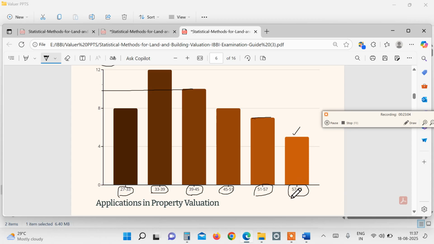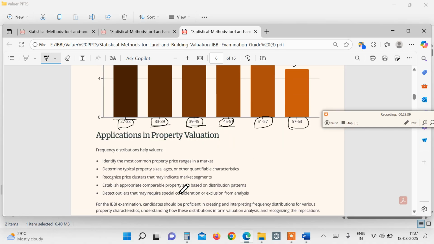So in this case, we divide the range into different sectors, and see here, this is the width of each class, 6, 27 to 33, and see here number of classes are 1, 2, 3, 4, 5 and 6, and in each class property values vary by 6 lakh.